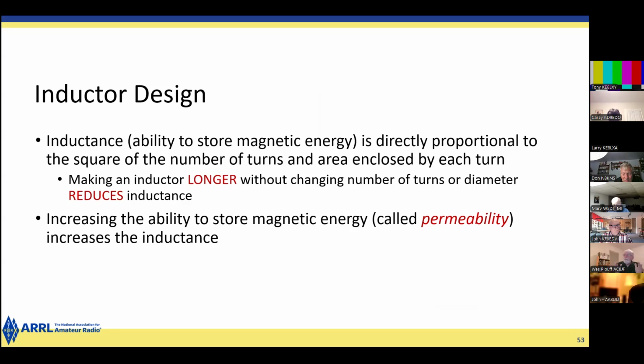If you squeeze the turns together, you increase the inductance. As a matter of fact, that's a way of adjusting coils that radio hams do a lot. Increasing what's called the permeability of the medium inside a coil is how you can store more magnetic energy in the same amount of volume.